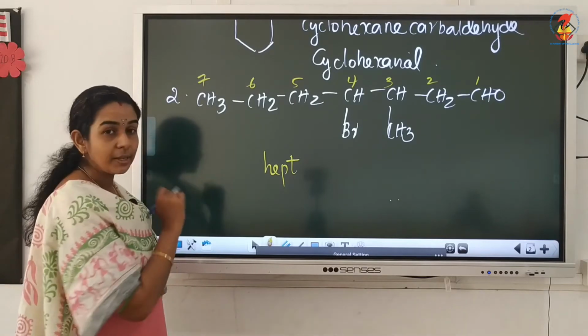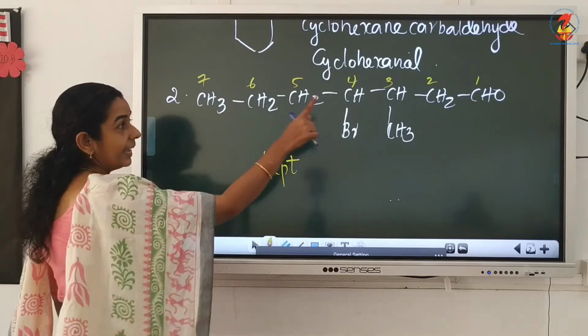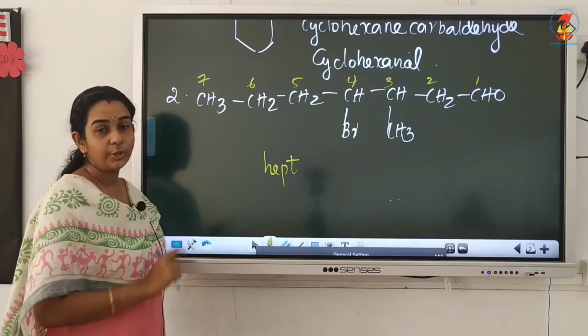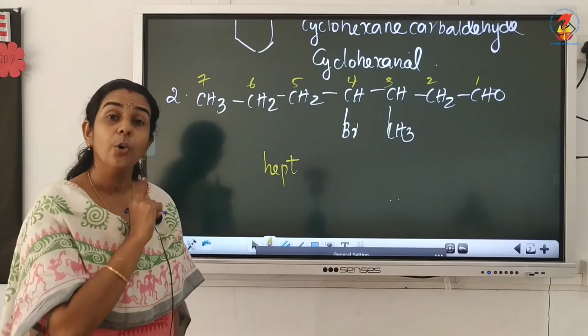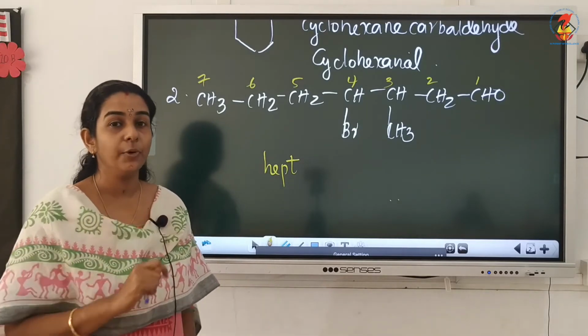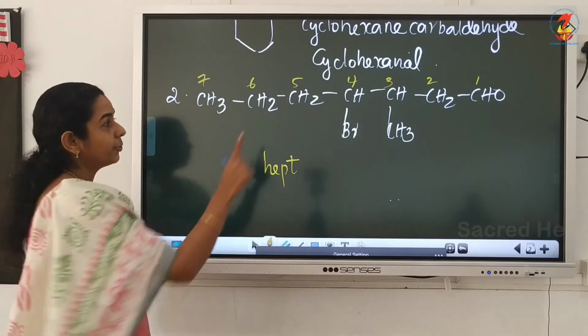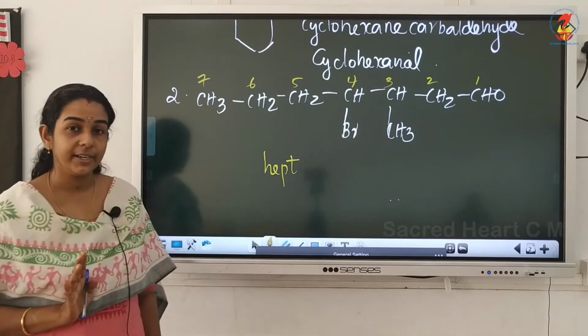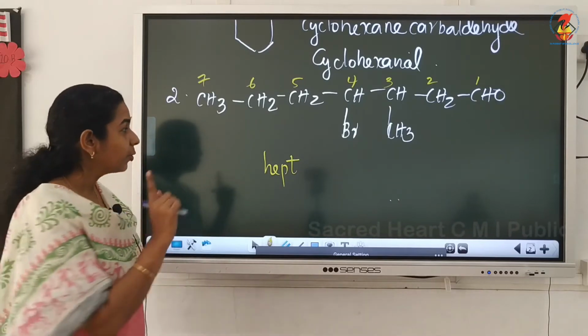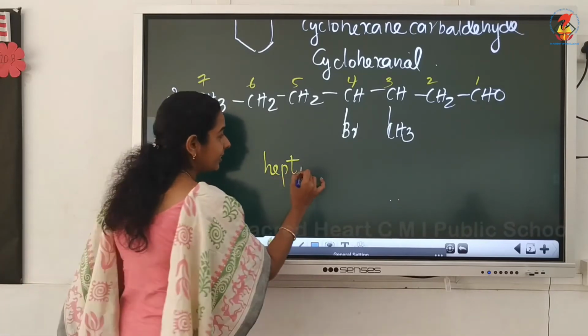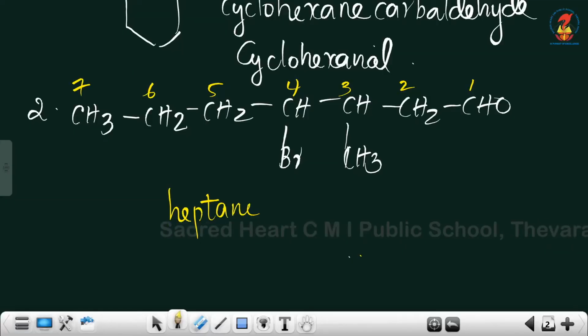To write the primary suffix, you have to check the parent chain: whether all the carbon atoms are singly bonded, or if there is any double bond or triple bond. Here all these 7 carbon atoms are singly bonded, so we write the primary suffix as ANE.